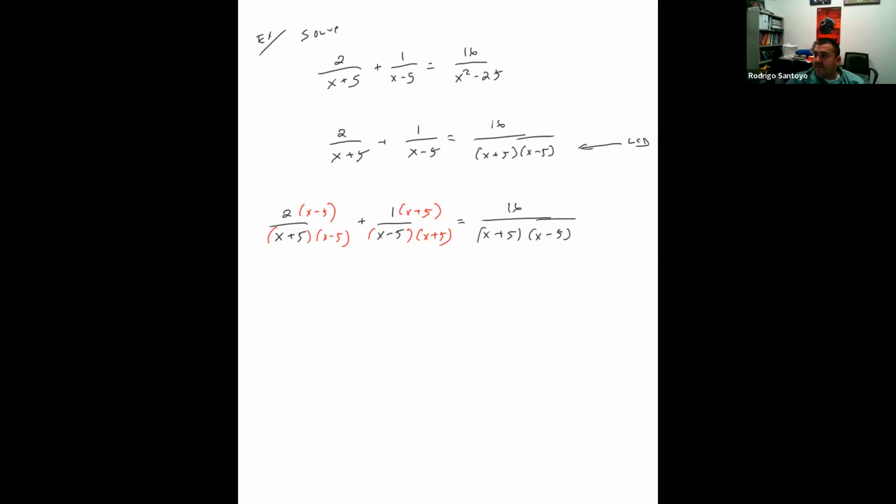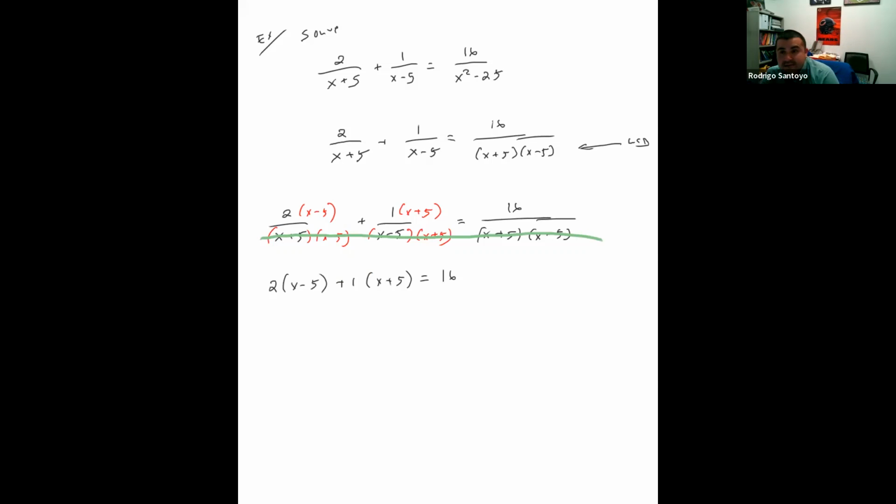Any questions there, y'all? All right, denominators are all the same. Cancel them all out. That leaves us with 2 times x minus 5 plus 1 times x plus 5 equals 16.